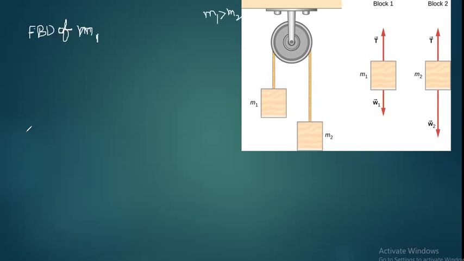Here you can observe that the body is moving. Because M1 is greater than M2, let the body move like this. Sometimes they will give the figure like this to confuse you: even though M1 is greater than M2, M1 is moving upwards and M2 is moving down.